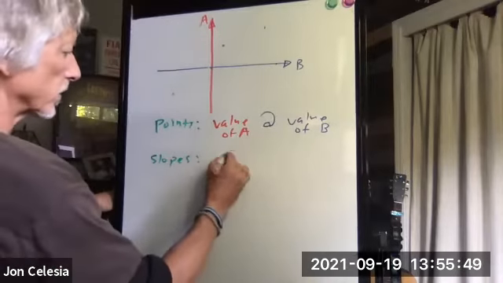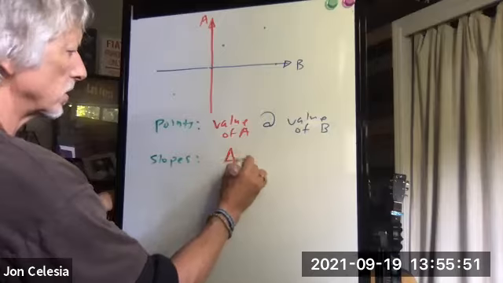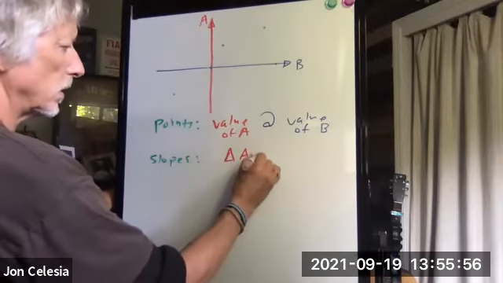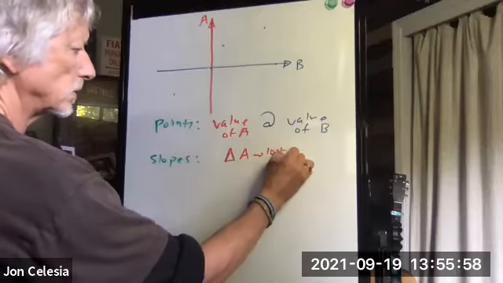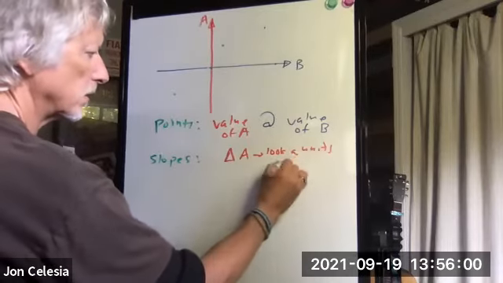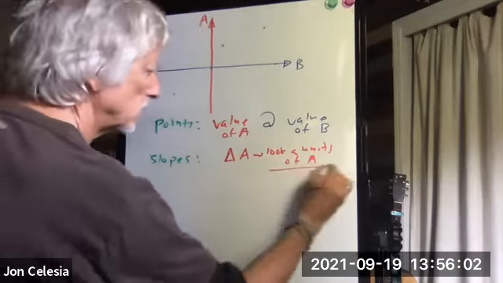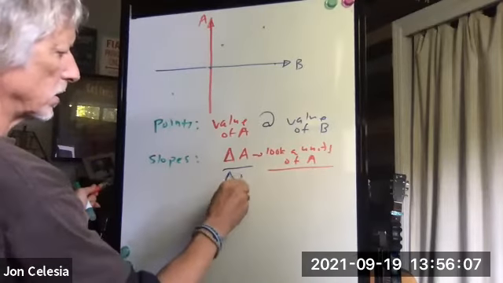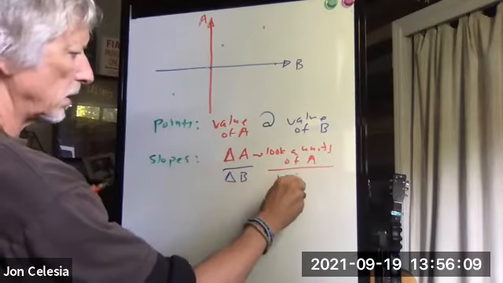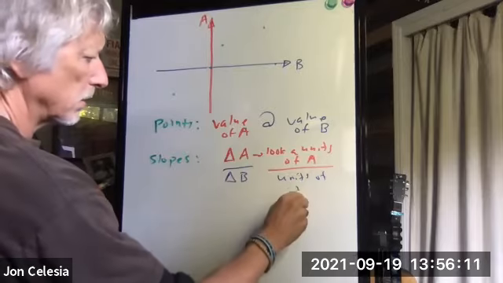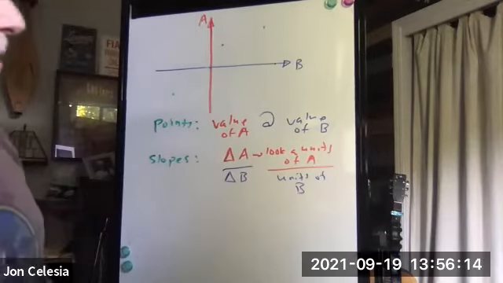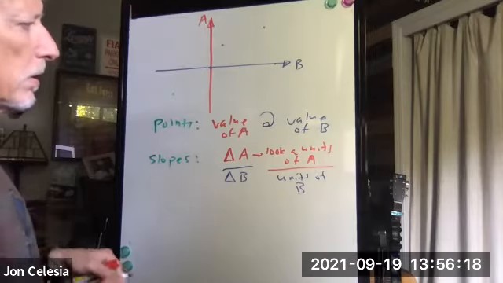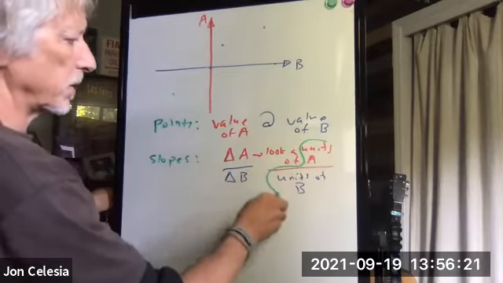And you have to say, oh, the slope is the change in A, and then you look at the units of A divided by the change in B, and those are units of B. So then you say, well, what does that mean to have units of A divided by units of B?